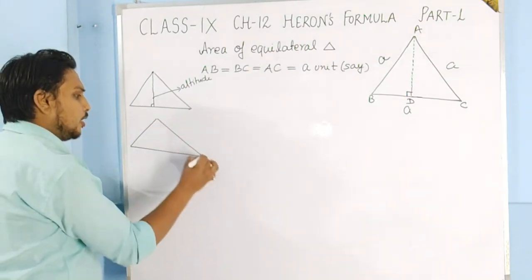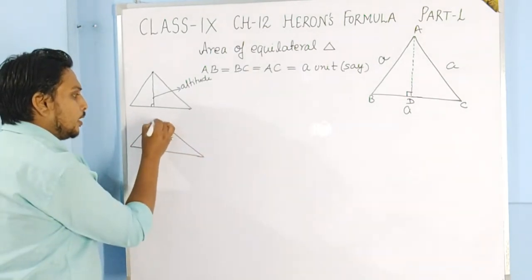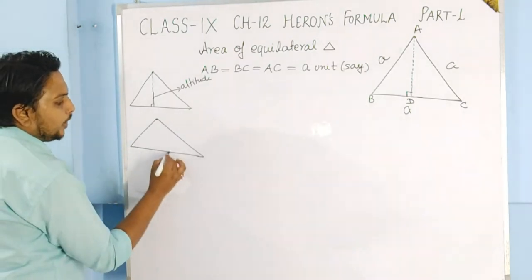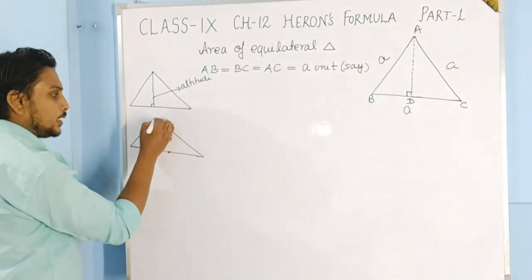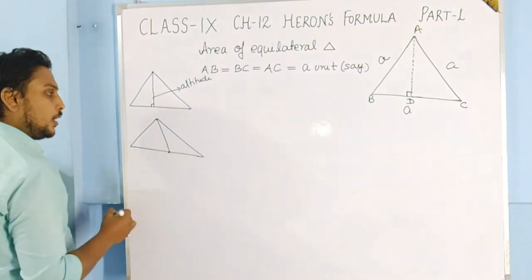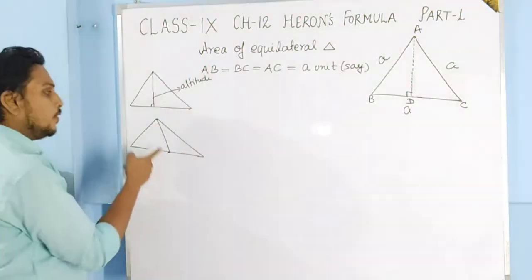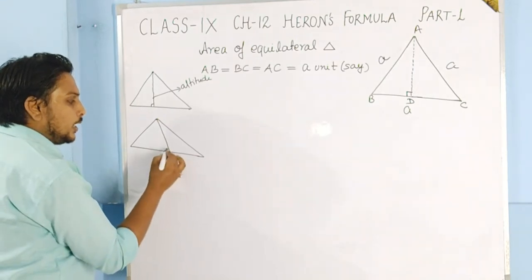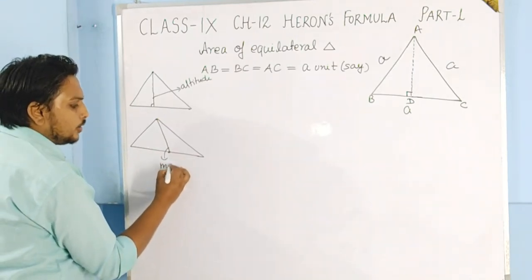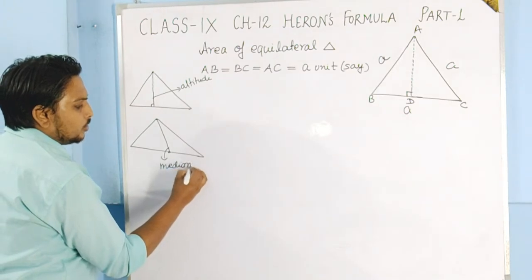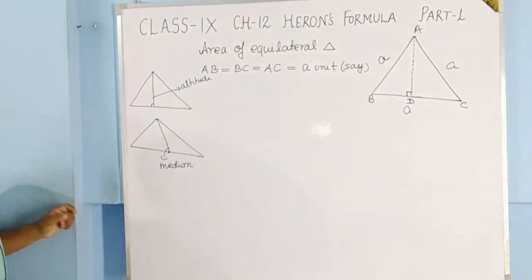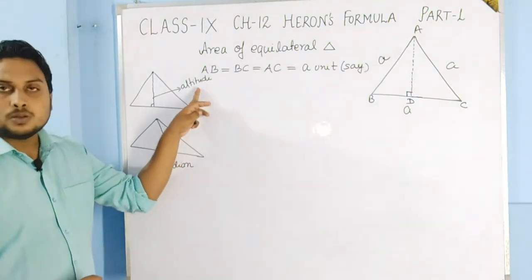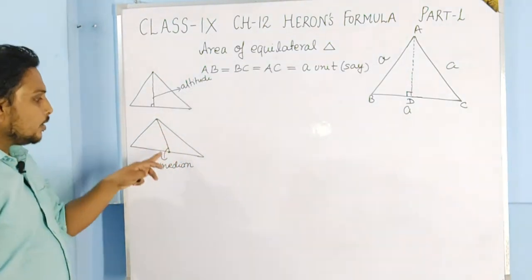And when we draw a line from any vertex to the midpoint of the opposite side, then this line is called the median. This is the altitude, or you can say it is the height also, and this is the median.